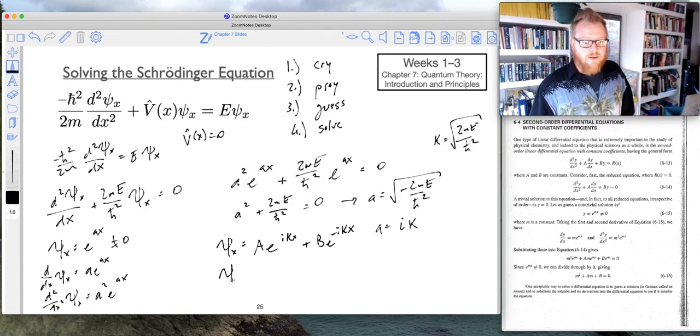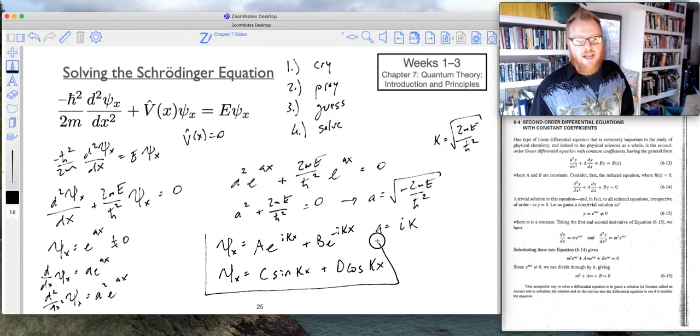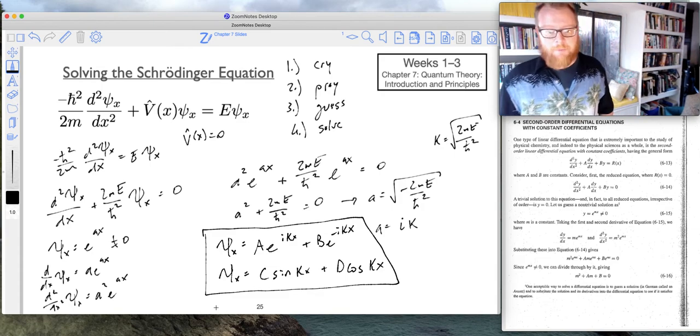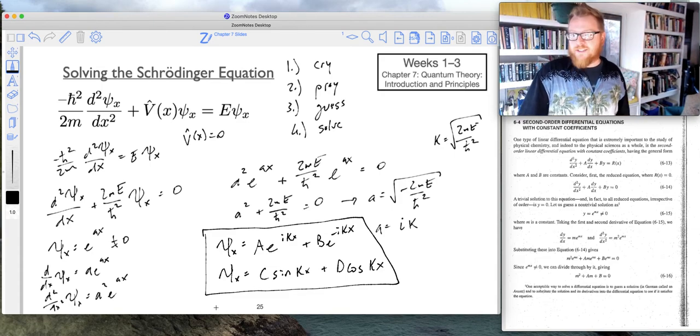But we know through Euler that it will be more practical to say that this is c sine kx plus d cosine kx. And I don't want you to worry yourselves for now with these a's, b's, c's, and d's. We will be able to figure those out in time, okay? We're going to solve them through the normalization process.